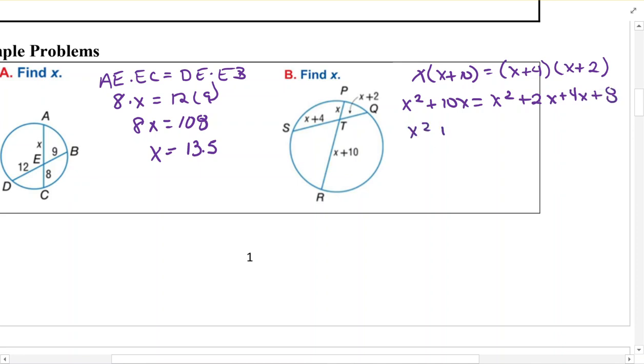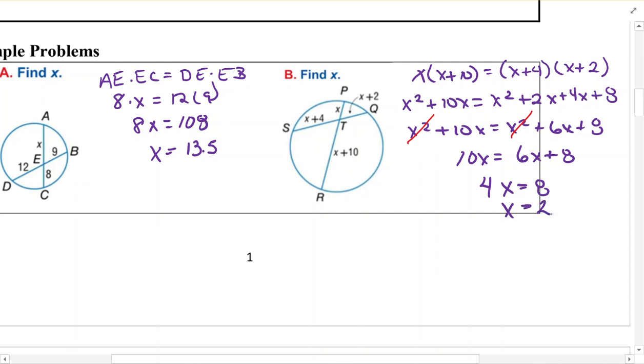So we have x squared plus 10x equals x squared plus 6x plus 8. There's an x squared on both sides, so we can cancel those out because we would subtract it from both sides. Now we have 10x equals 6x plus 8. Subtract 6x from both sides. We would have 4x equals 8. So x equals 2.